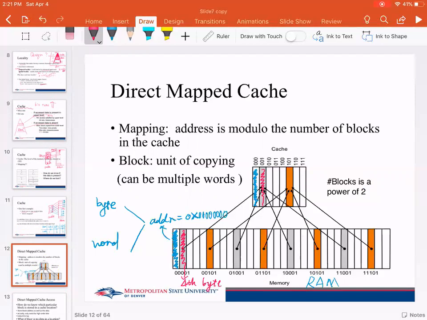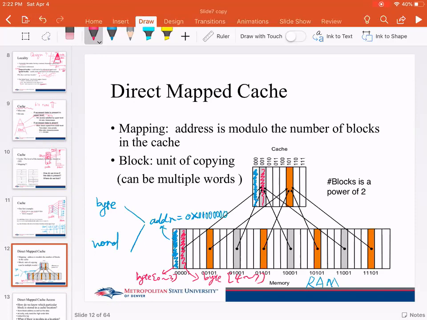So the starting location of the second row here is byte 4, running from 4, 5, 6 to 7. So the first block here contains bytes 0 to 3, and the second block here contains byte locations 4 to 7.